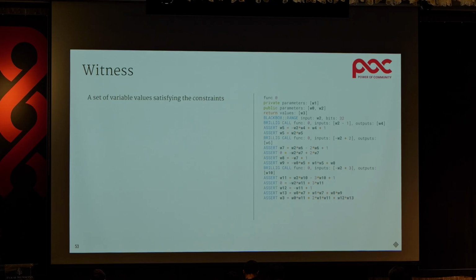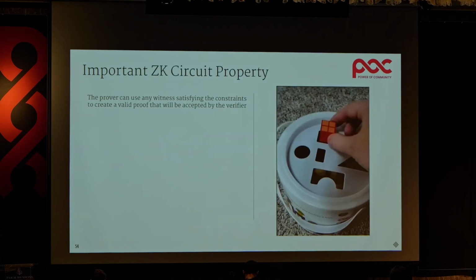And we also have this term called the witness, which is a specific assignment of all the intermediate variables that fits the constraints. So a witness is anything that fits all of the equations that were specified in all the black box functions. So there is an important ZK circuit property, which is that as long as you have a witness that fits all of the equations, you can prove it.